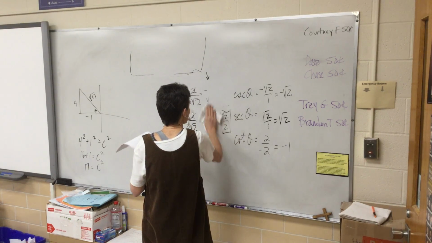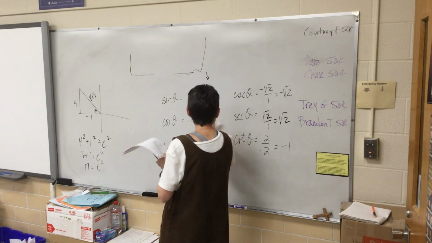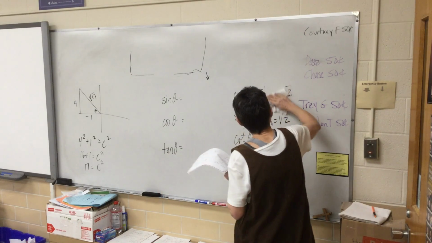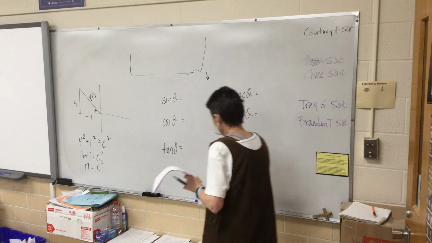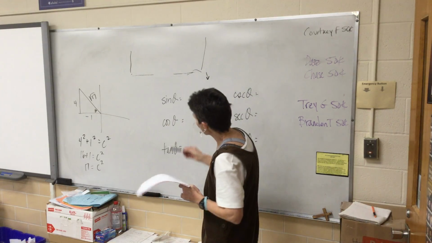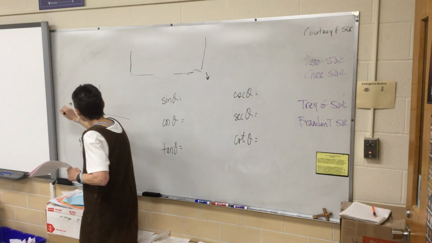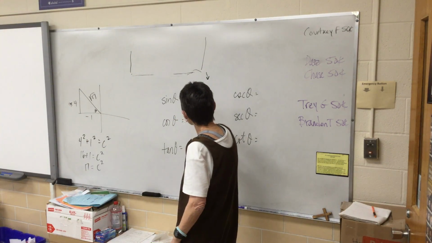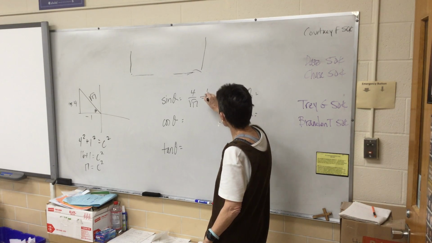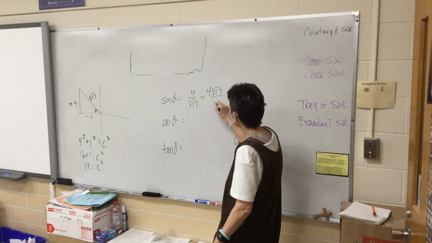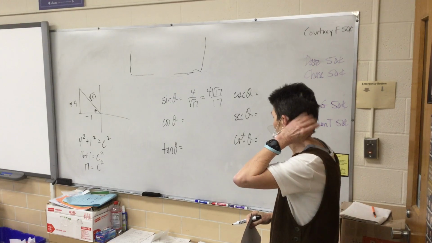So now we fill in our stuff. This, other than the negatives, is exactly what you did on your quiz. Because now you got to do sine. So sine will be opposite. This is the opposite. So 4 over root 17, which is 4 root 17 over 17, right? Because you're going to multiply top and bottom by the square root of 17.